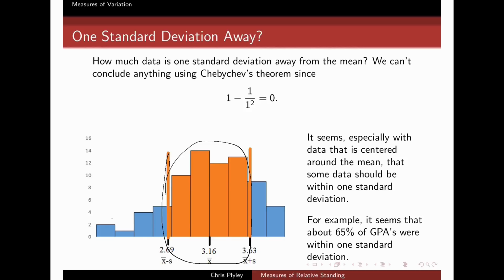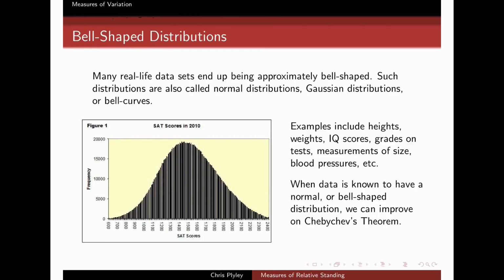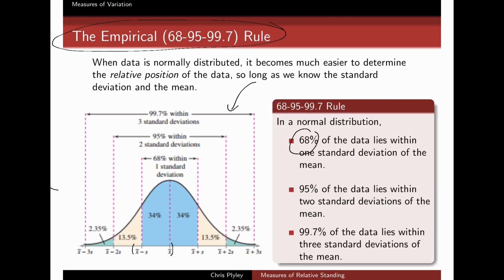And I can use this result not just for one standard deviation, but 2 or 3 standard deviations as well. In a perfect bell curve, I'll have 95% of my data from 2 standard deviations below to 2 standard deviations above.